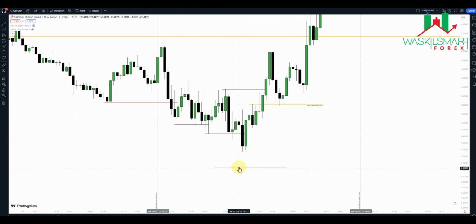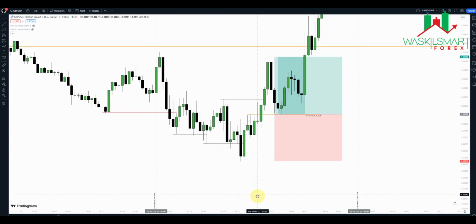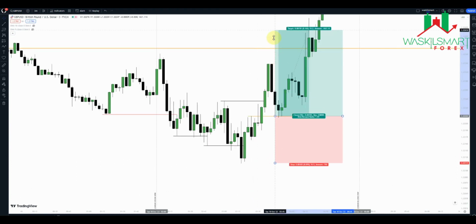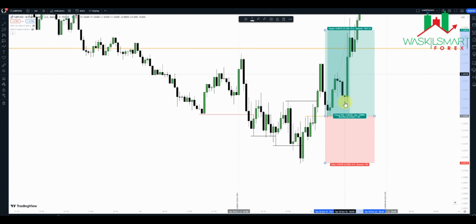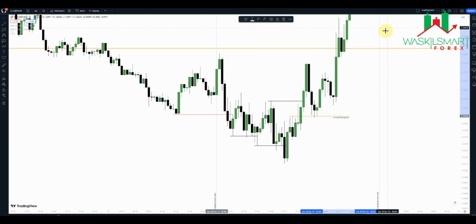So from here, I put my entry. I put my entry because that day I was kind of nervous. So I just look for 1 to 2, put my stop loss and just look for 1 to 2. So I just need to have some kind of profit. 1 to 2 is okay since you just want to be a profitable trader.